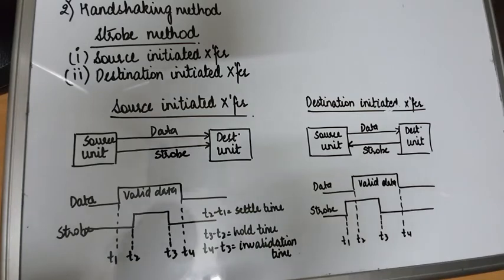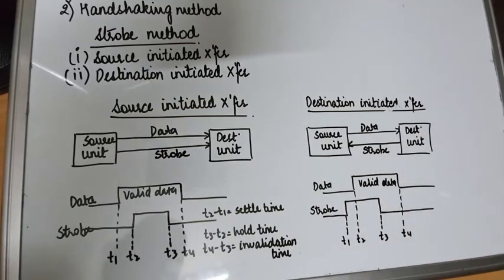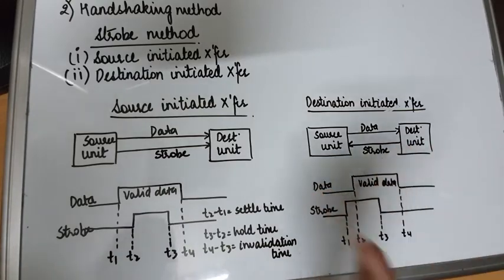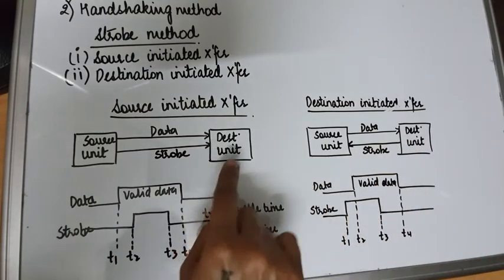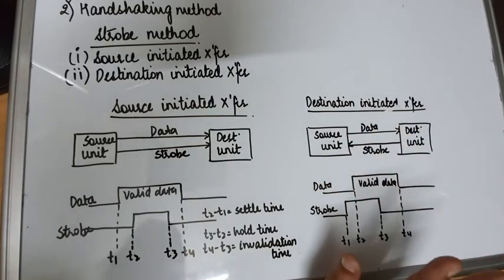It might read a garbage value which was put on the data bus. So in neither method is there confirmation that the data transferred is correct, whether the destination unit read the data or whether the source unit kept the data on the data bus.